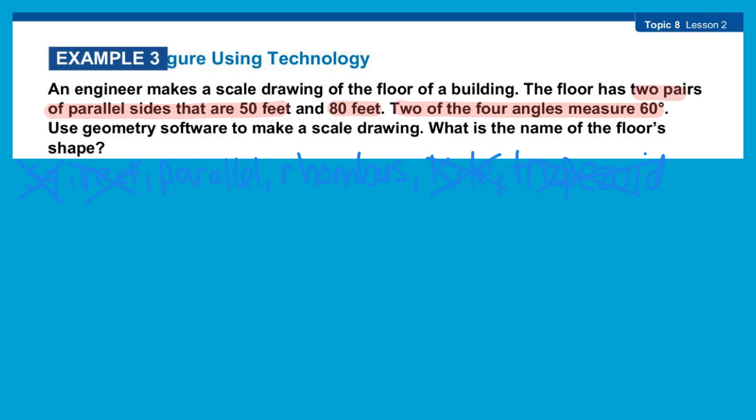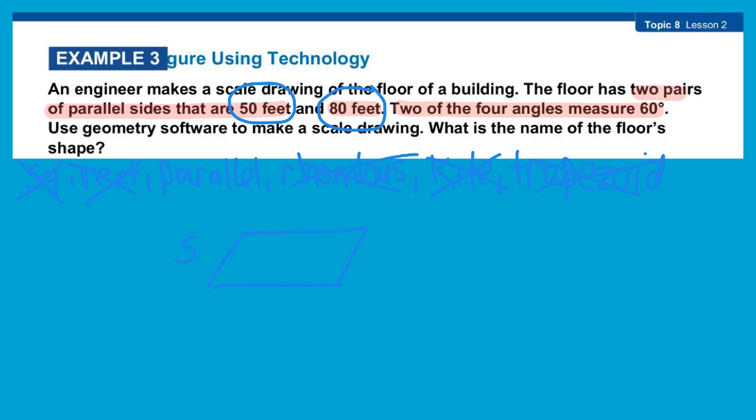All right, so I'm down to 2 options. But I know that the sides are different. One pair is 50 and 1 pair is 80. That takes out our rhombus, which I guess leaves us with our parallelogram. So a parallelogram would look something like this.